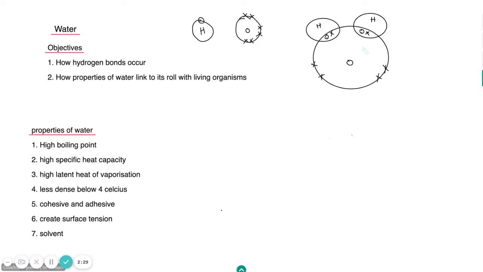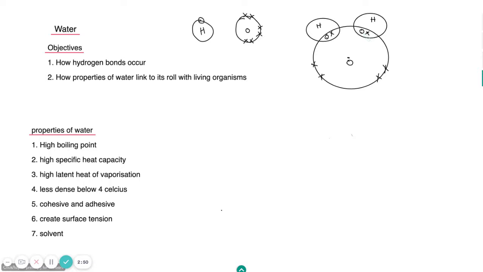So when they're sharing, they're not sharing evenly. Oxygen's got more protons in its nucleus, so it's able to pull the electrons slightly closer towards its center here. So because of that, those electrons, they've got a negative charge to them.